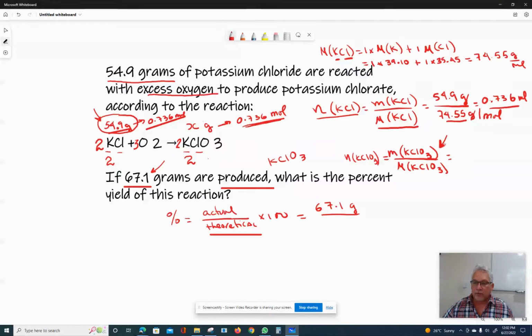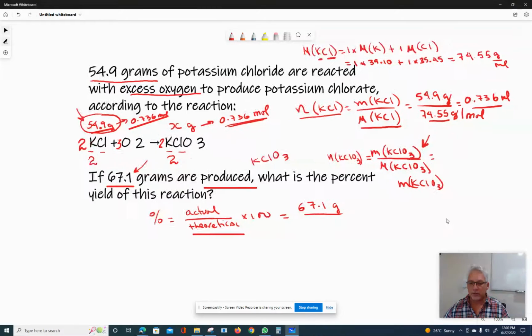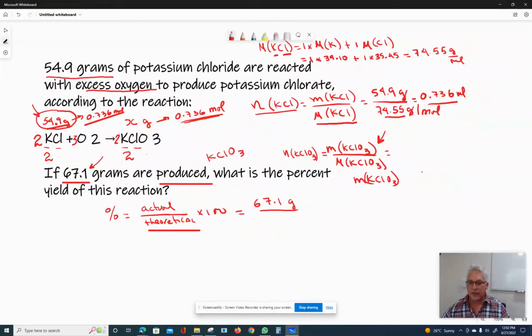If we need to solve for mass of potassium chlorate, I'm going to scroll a little bit to the left so I have more room here: mass equals number of mole of potassium chlorate times the molar mass of potassium chlorate.